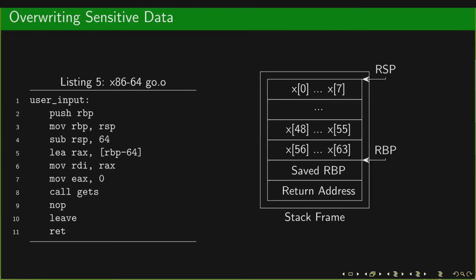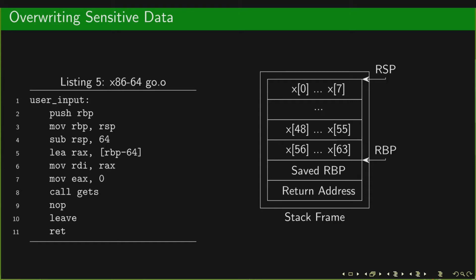And this is what this would look like. You can see if X is our string, then we have X0 through X63 in our stack frame, and then immediately afterwards we have our saved RBP and our return address. So we have this metadata right after.